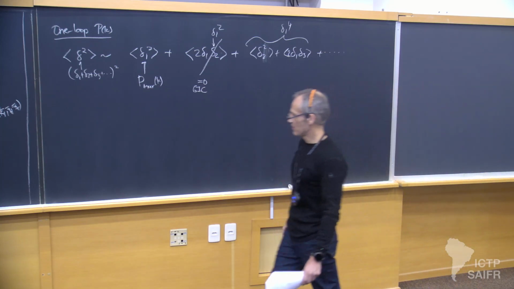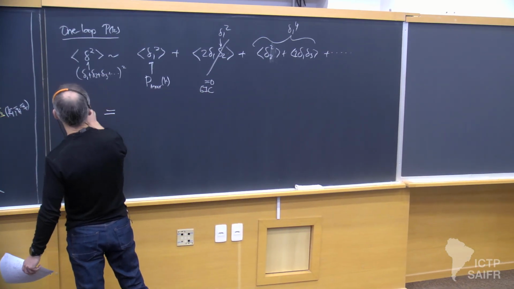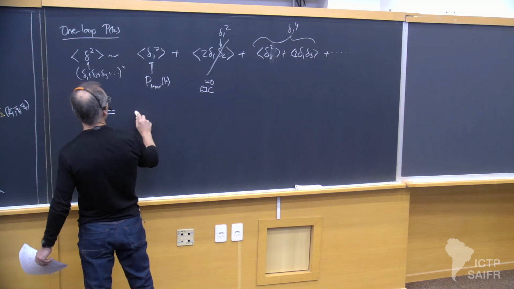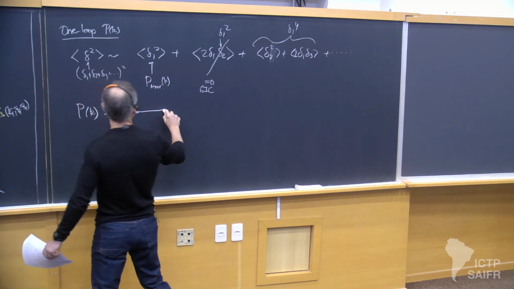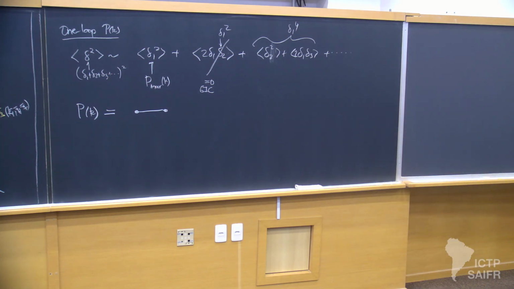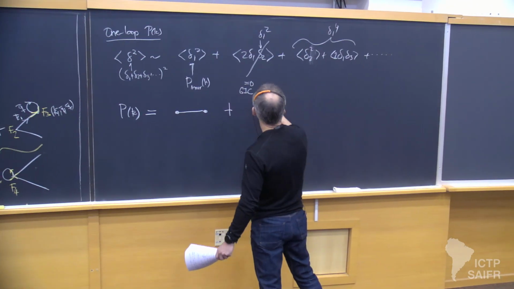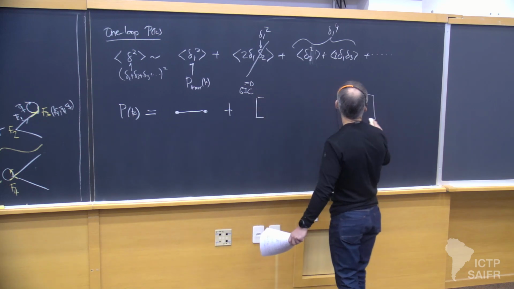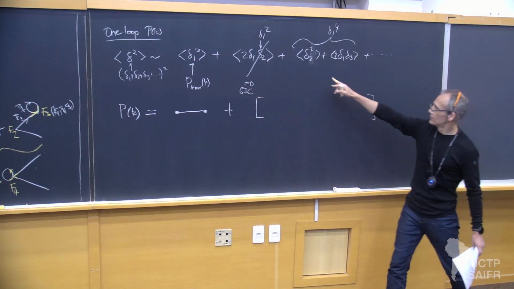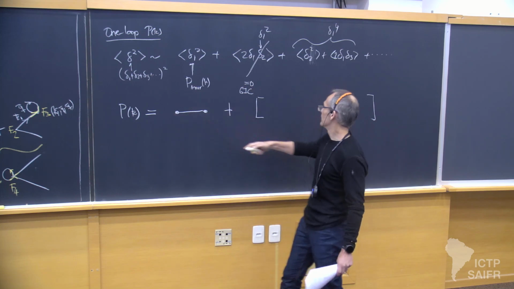So let's do the same thing. So this corresponds now, if I write it in terms of the power spectrum, the tree order for the power spectrum is what we discussed already, okay? And now we add these one-loop diagrams, okay? So the 2-2, you can see, is adding a link that goes from here to here.